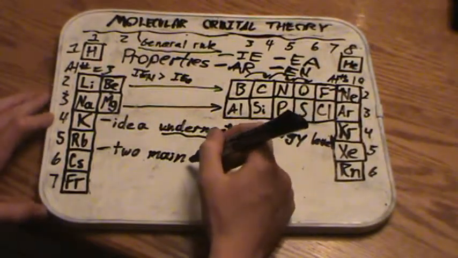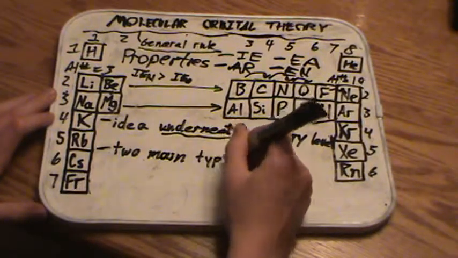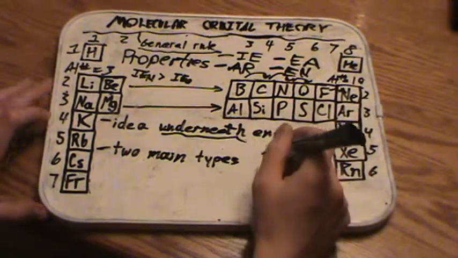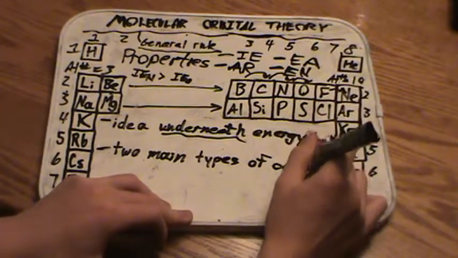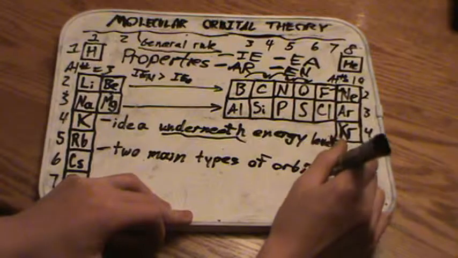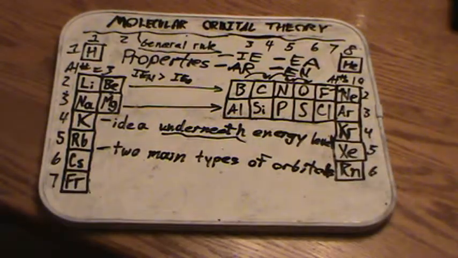Two main types of orbitals that we will draw pictures of. And when I say main, I just mean that they are the ones that we will have pictures of in our head and that we will be doing most of our work on throughout this chemistry channel.